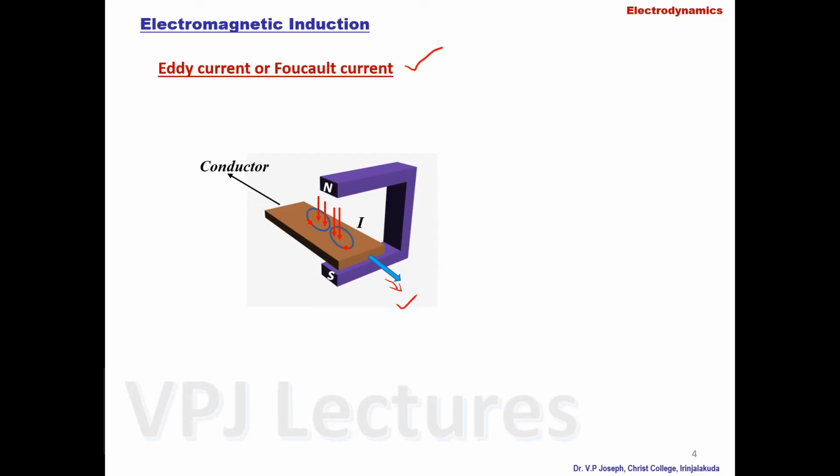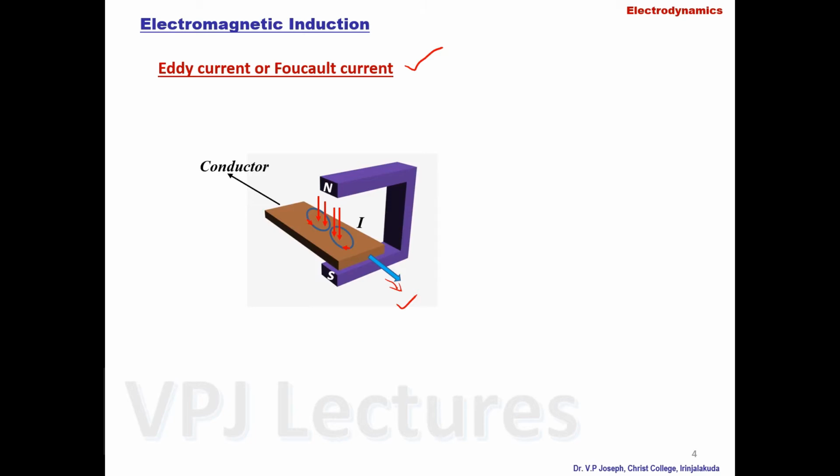So that change is opposed by the conductor due to the principle of induction, by generating a current within the conductor, and the magnetic field associated with that new induced current tries to oppose the change in magnetic field.